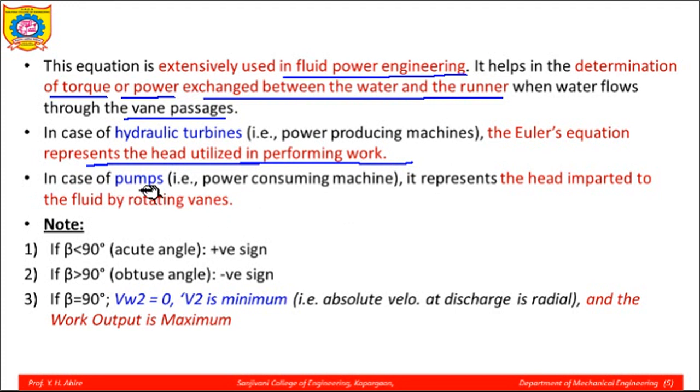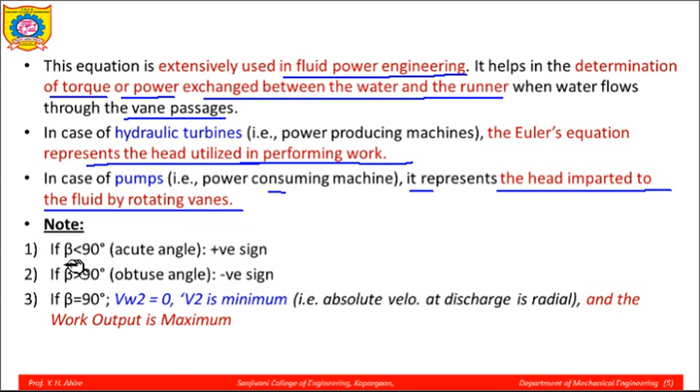In case of the pumps or compressors, which are power consuming machines, the Euler's equation represents the head imparted to the fluid by the rotating vanes, right? Head imparted by the impeller of a pump to the fluid by the rotating vanes.